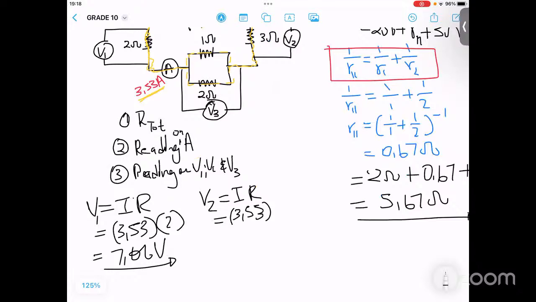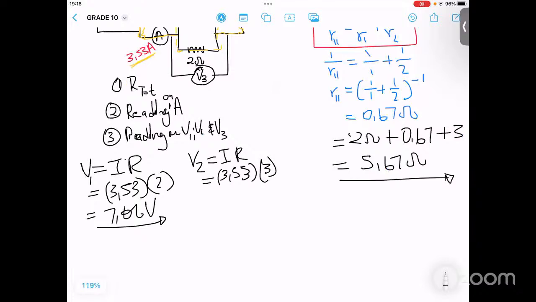V2 is connected on the 3 ohm resistor. That's why I substitute 3 there. So that means we'll say 3.53 multiplied by 3 gives you 10.59. Remember, it is measured in volts.